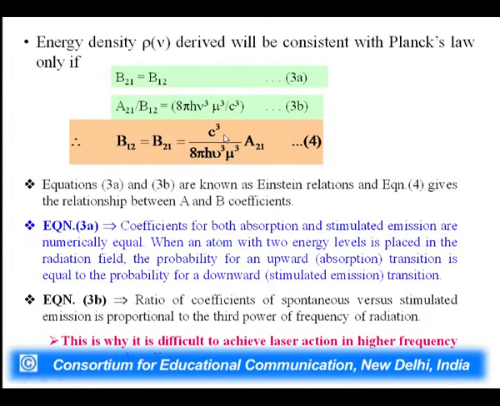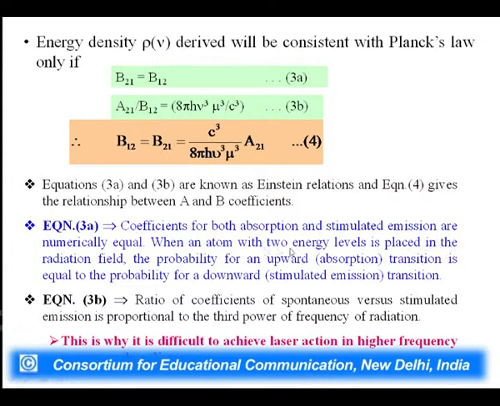This equation will be c cube divided by 8 pi h nu cube mu cube times A21, which is equation number 4. Equations 3a and 3b are known as the Einstein relations, and equation number 4 gives the relation between the A and B coefficients. In equation 3a, the coefficients of both absorption and stimulated emission are numerically equal, as B21 is equal to B12.